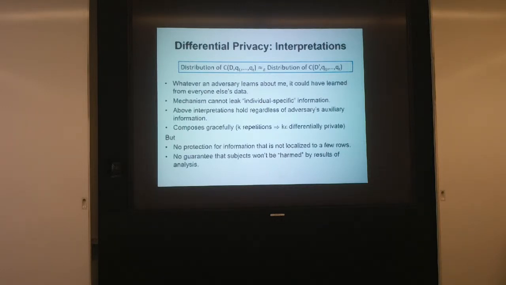But the point is, and what differential privacy ensures, they weren't harmed because of their own data. In some sense, their data wasn't being used against them. It was a fact about the population that led to a decision that they found harmful.